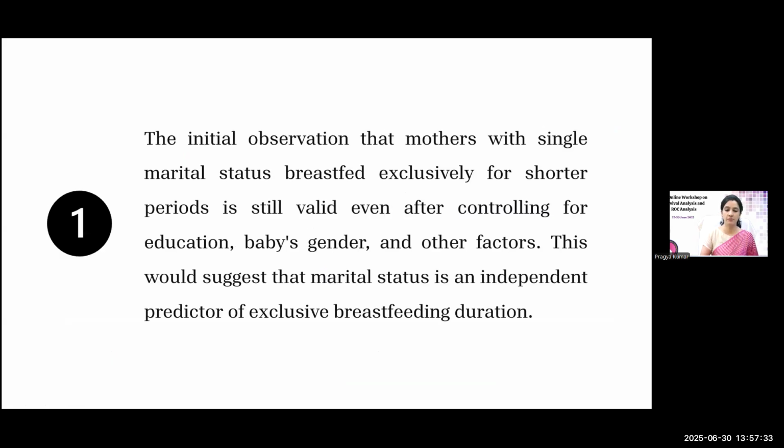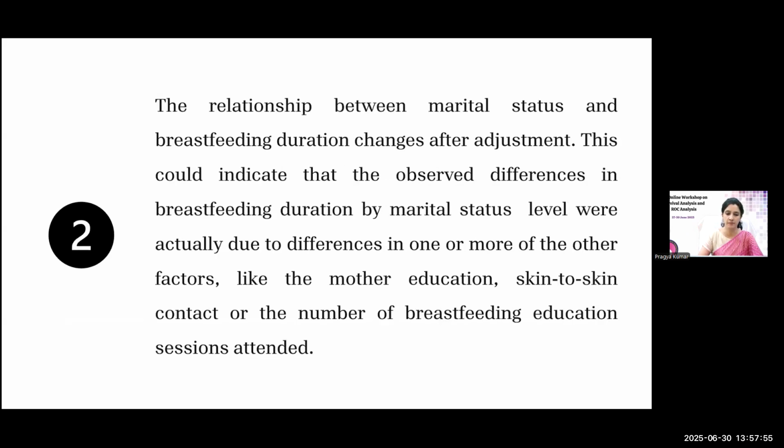After adjustment, what was my initial observation? That the single mothers breastfed exclusively for a shorter period. It remains valid after controlling for education, baby gender and other factors. So it suggests that marital status is an independent predictor of exclusive breastfeeding duration.